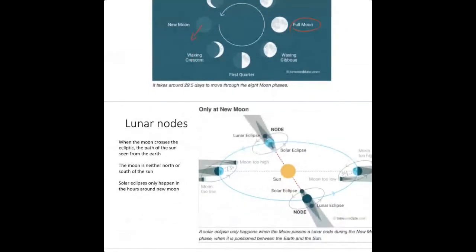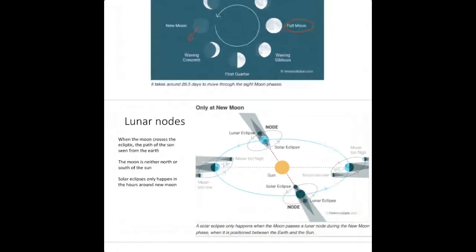Voilà. Now, another requirement to get a total eclipse is that the moon is in one of its nodes. When is the moon in one of its nodes? When it crosses the ecliptic. So this is the sun, this is the Earth. The ecliptic is actually the apparent movement of the sun around the Earth.